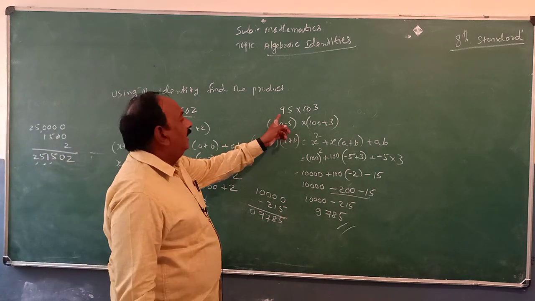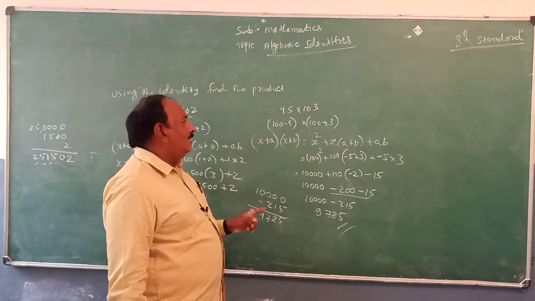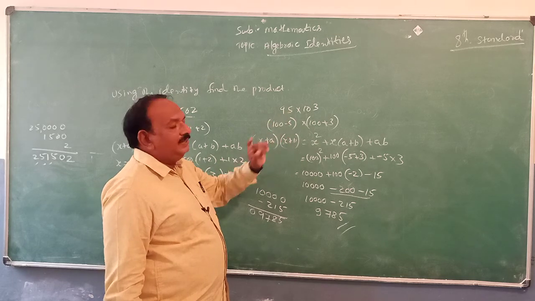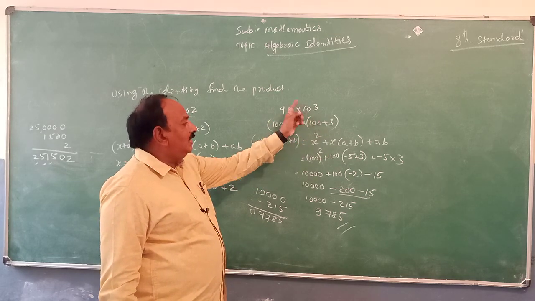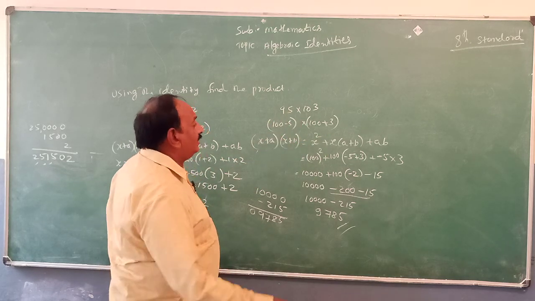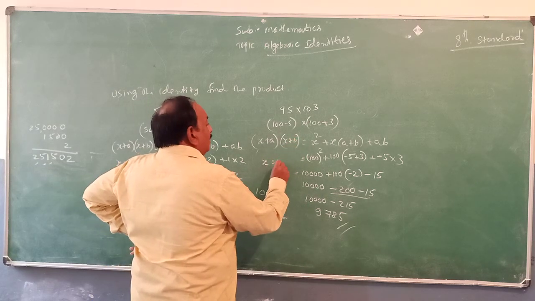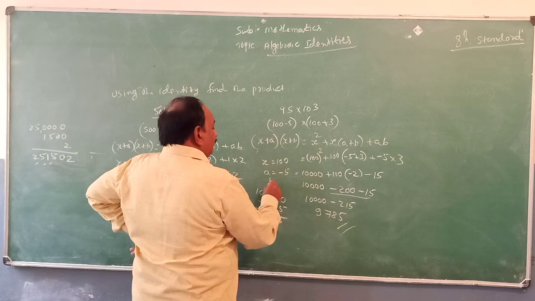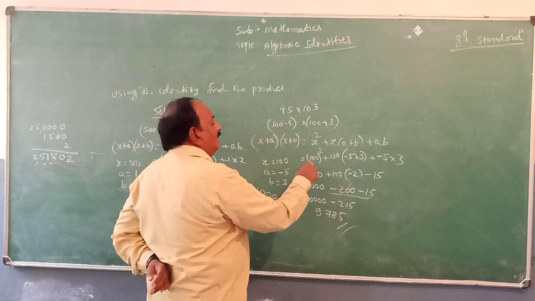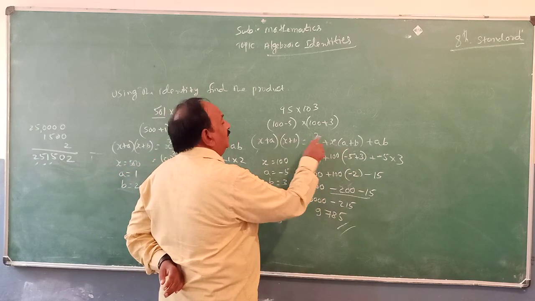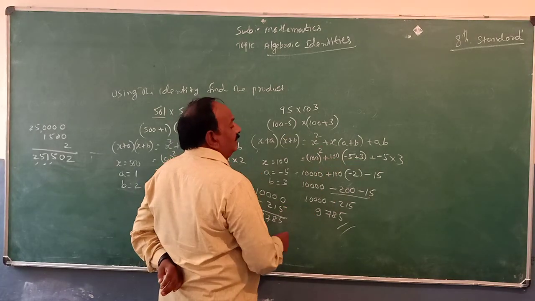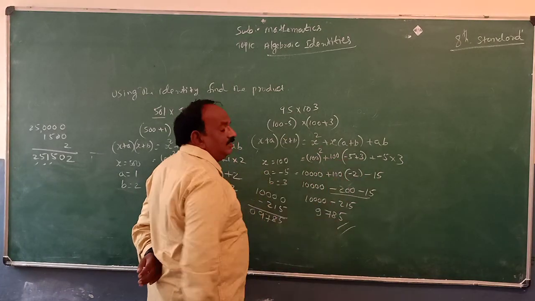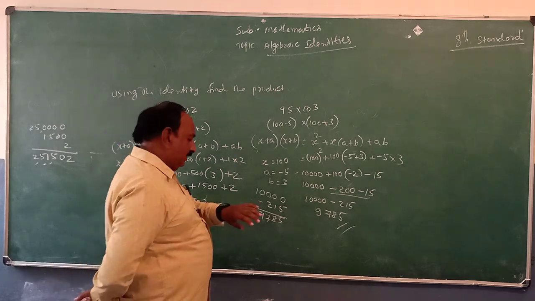Once again, 95 into 103. 100 minus 5 is 95, 100 plus 3 is 103. Here x is 100. You write here x is 100, a is minus 5, b is equal to 3. 100 whole square, 100 into a plus b, minus 5 plus 3. One is minus, another is plus, so subtract and take the sign of the greater number.